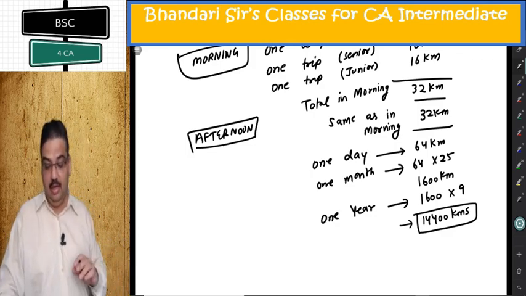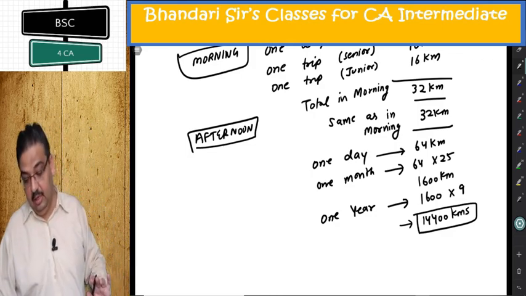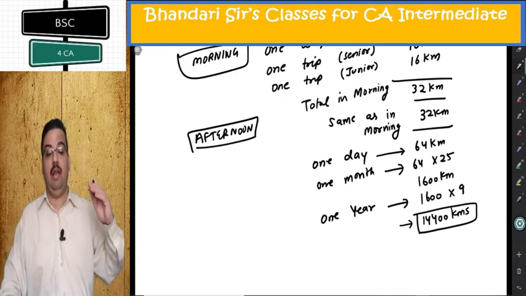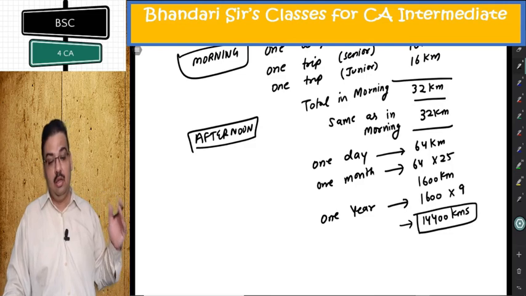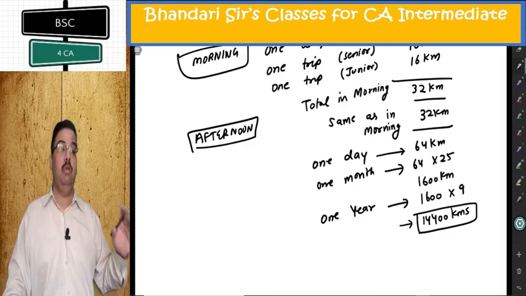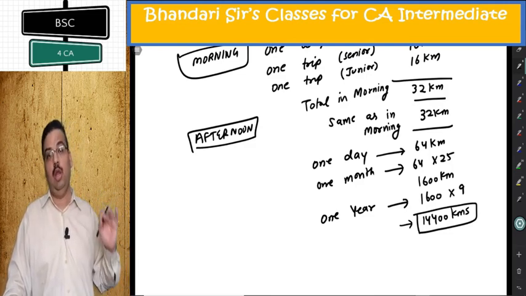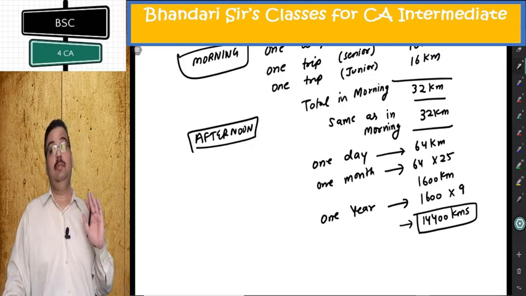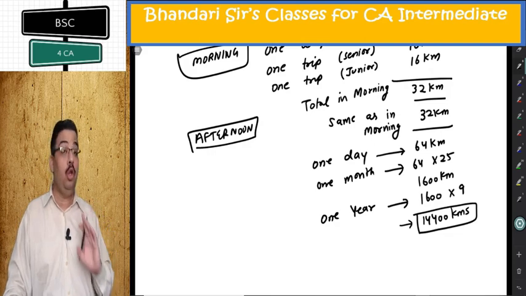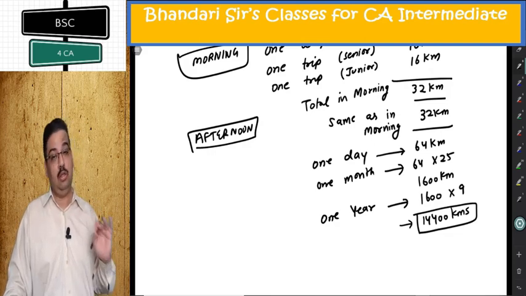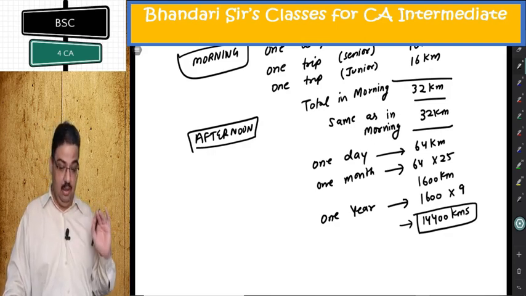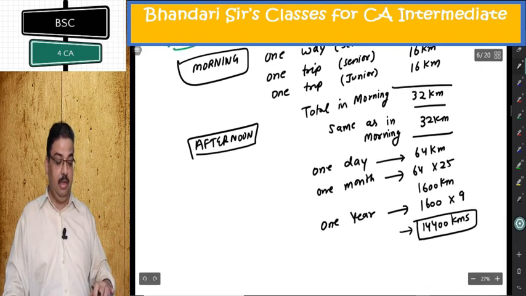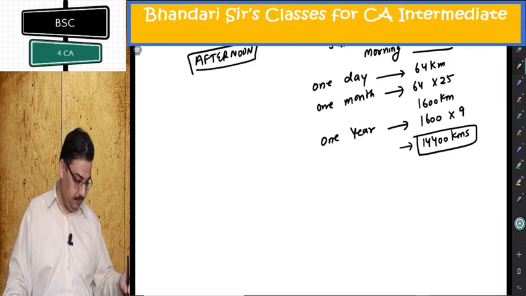And it has clarified that bus fee is payable for the full 12 months in the year. Even driver salary, cleaner salary, conductor salary, all salaries, even to teachers, are paid for all 12 months in the year. But only the variable cost, running cost, fuel cost is saved for 3 months. It is being incurred only for 9 months. This is the first working note, which is kilometers travelled by one bus.